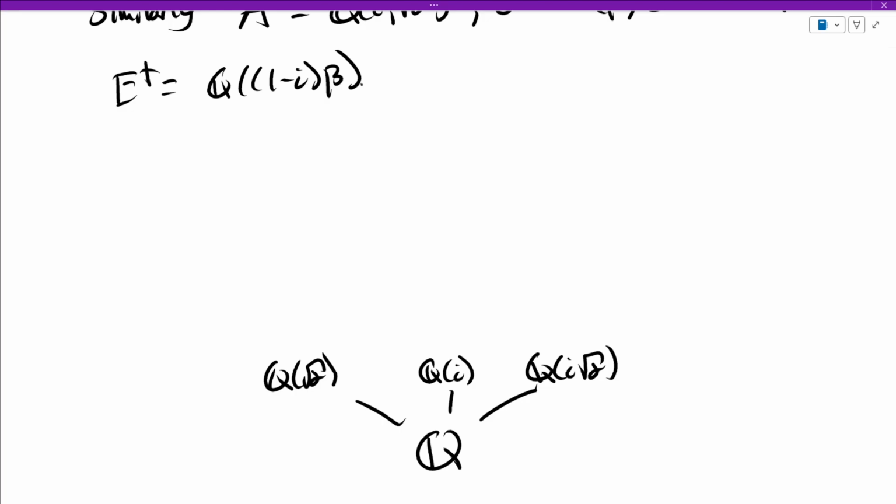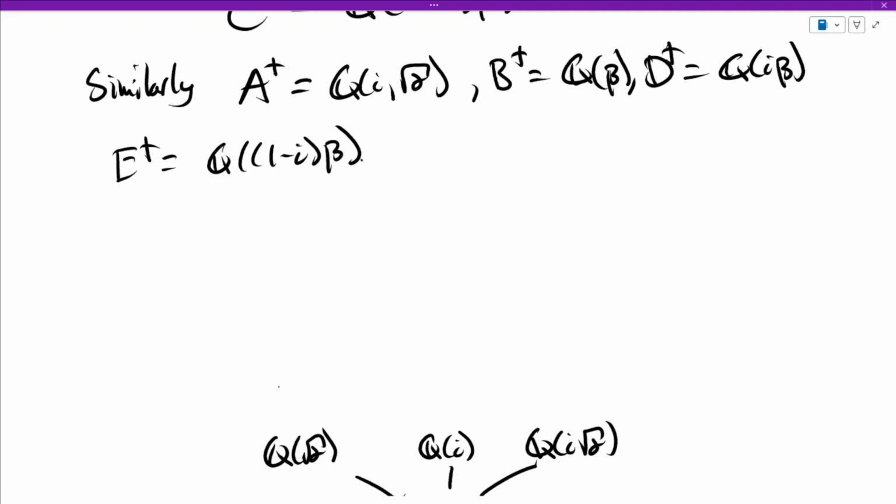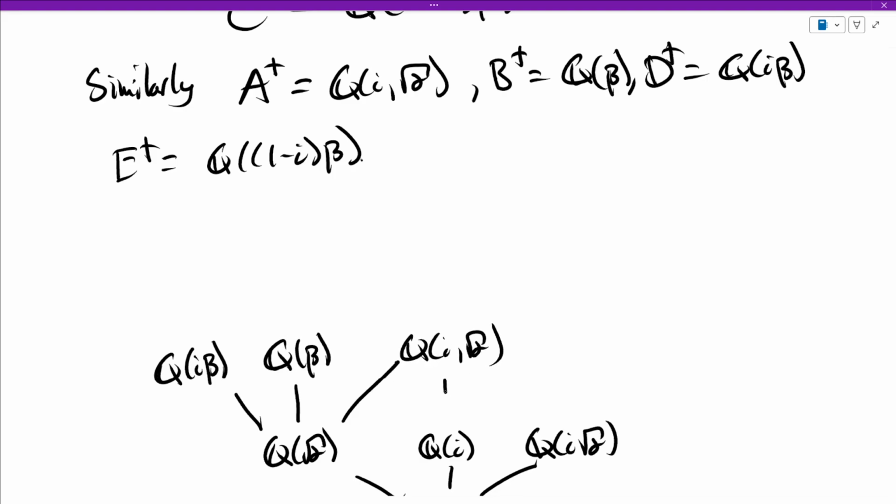Okay, Q adjoin root 2 had above it D, B and A, so this has above it Q adjoin iβ. iβ squared is negative root 2, so this makes sense. Q adjoin β, β squared is root 2, so that makes sense. And then A, Q adjoin i root 2, that also makes sense, that it has i in it and the root 2. It has i root 2 in it, so that's good too.